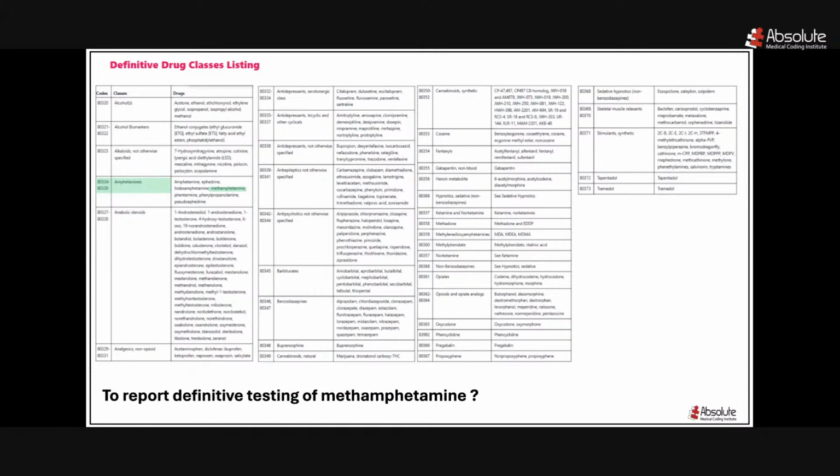Okay, now let me do another example. To report a definitive testing of codeine, hydrocodone, hydromorphone or morphine, which drug class does it belong to, or which CPT code will you use? So you can use this definitive drug class listing table, and you can identify.